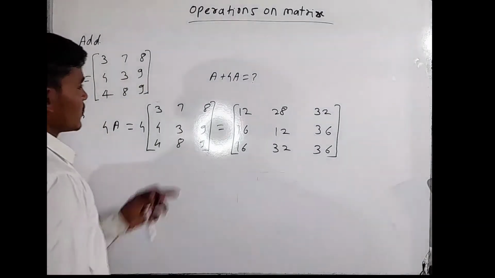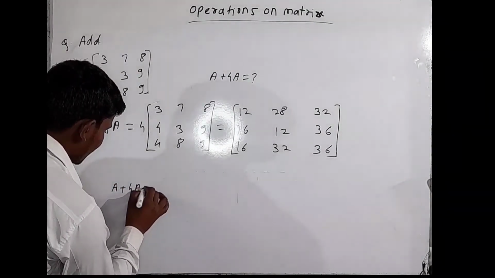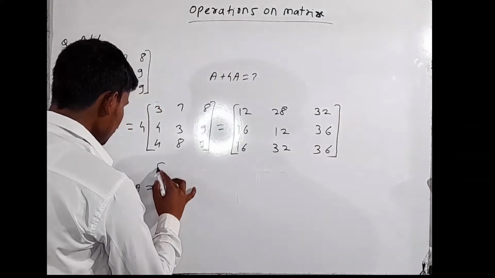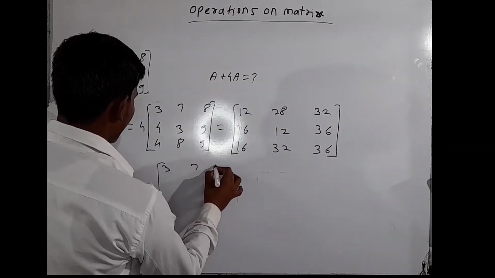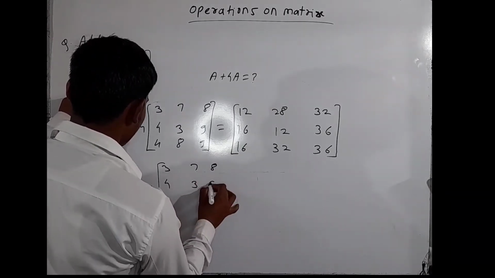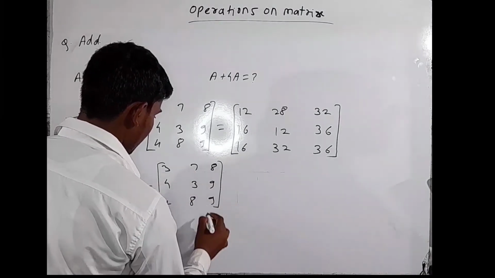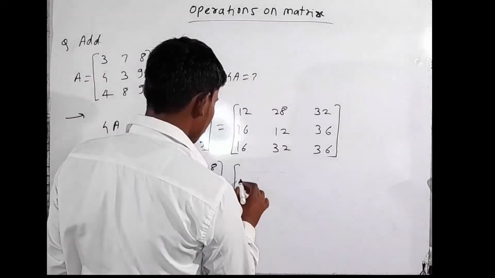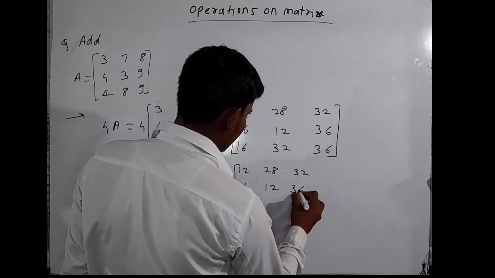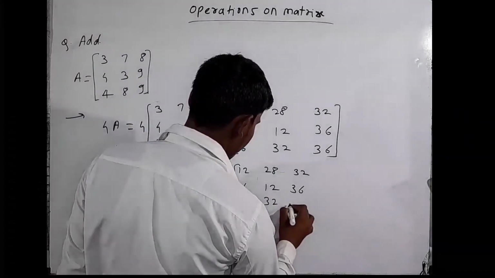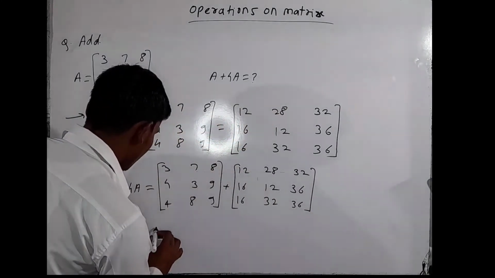Now this is 4A and this is A. Now we can add A plus 4A, which equals 3, 7, 8, 4, 3, 9, 4, 8, 9 plus this matrix 12, 28, 32, 16, 12, 36, 16, 32 and then 36.